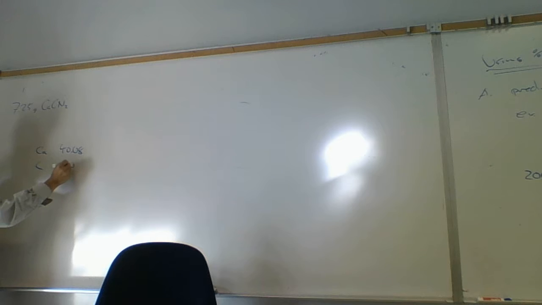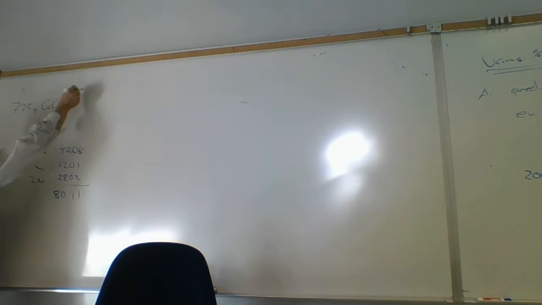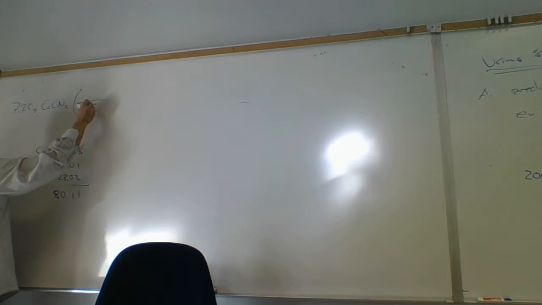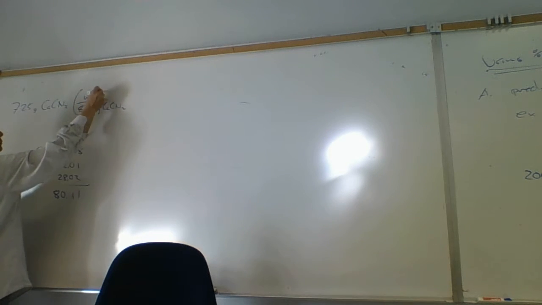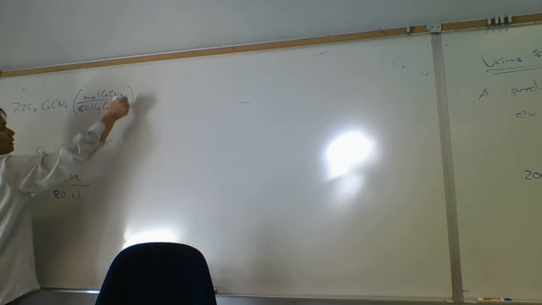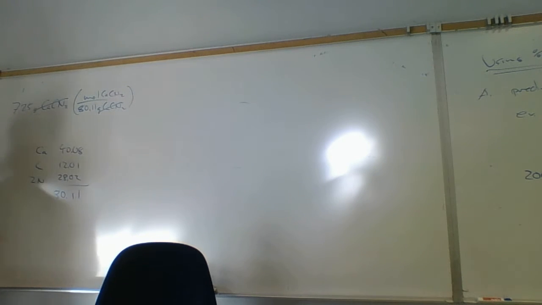Carbon's 12.01. 2 nitrogens, 14.01 times 2 is 28.02. So 80.11 grams of CaCN2 per mole of CaCN2. Okay, so the grams cancel, and then where?